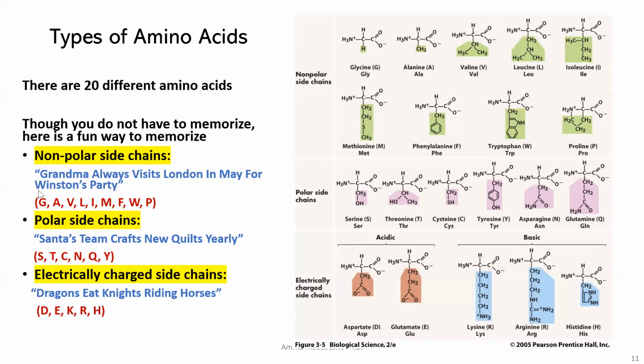It's just a way to divide the amino acids into different groups, but you don't have to do that this time. You won't be asked in the exam to name all the non-polar side chain amino acids. That won't happen.